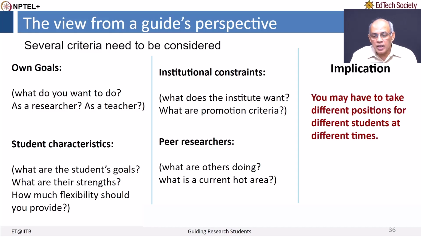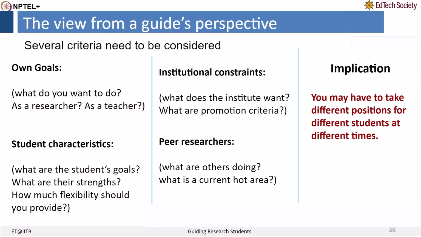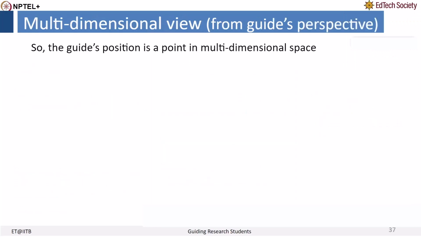student. So the implication of this is that for different students, you may have to take different positions at different times, based on the answers to having considered many such questions. Okay, so this sounds like a very complex thing. It actually is.